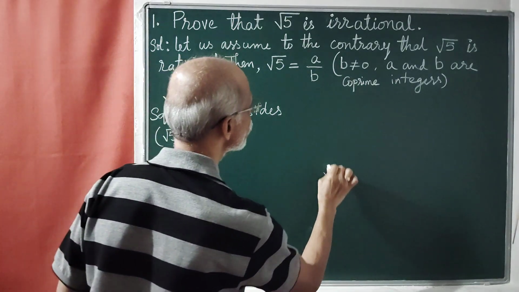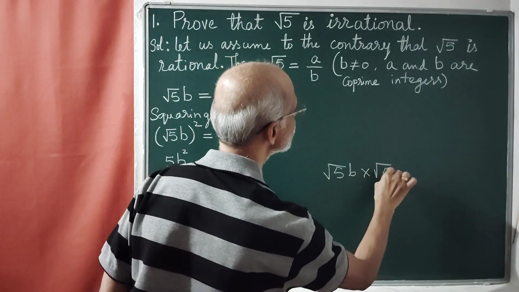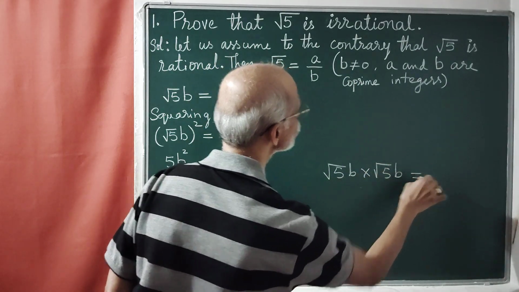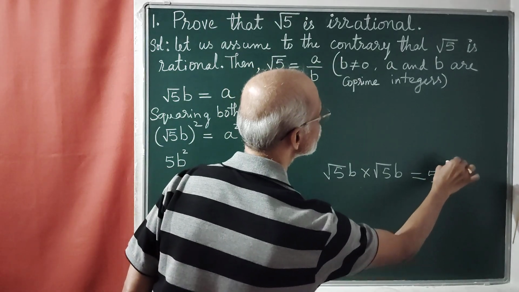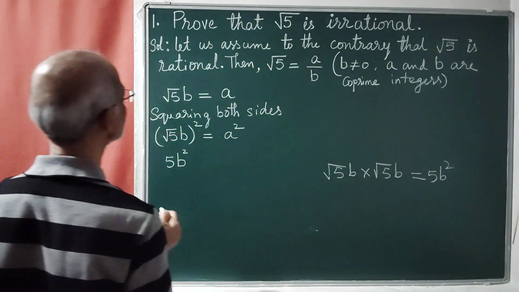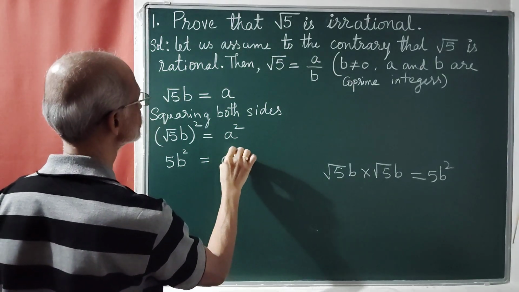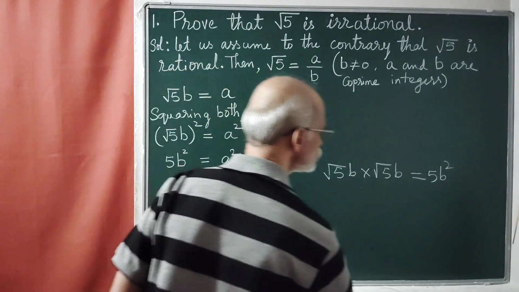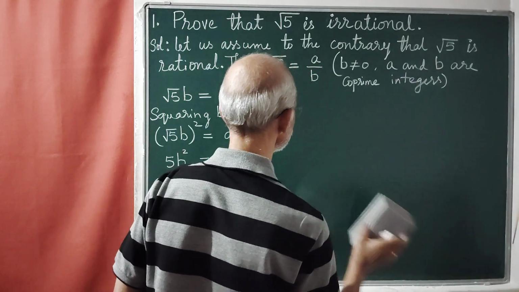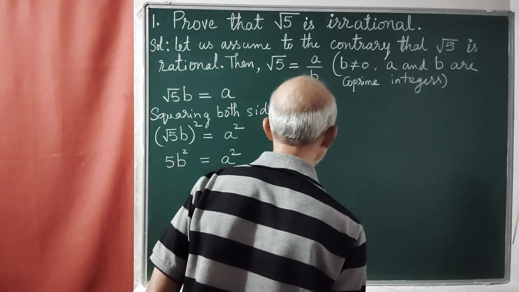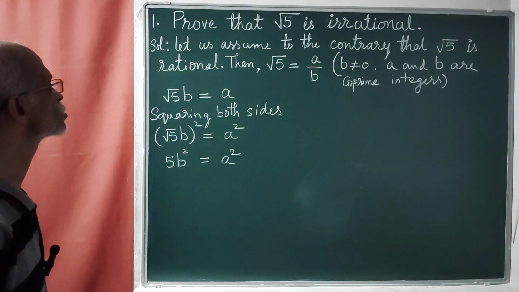Root 5 root 5 is 5, b into b is b square. So we will get 5b square, that's equal to a square. We got 5b square is equal to a square. Let us label it as equation 1.